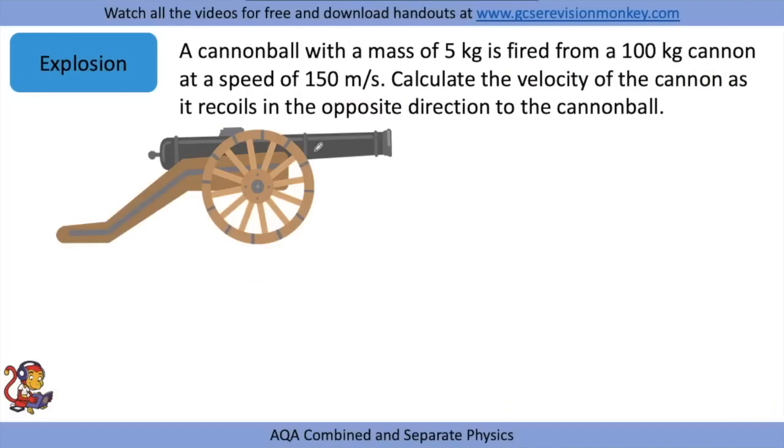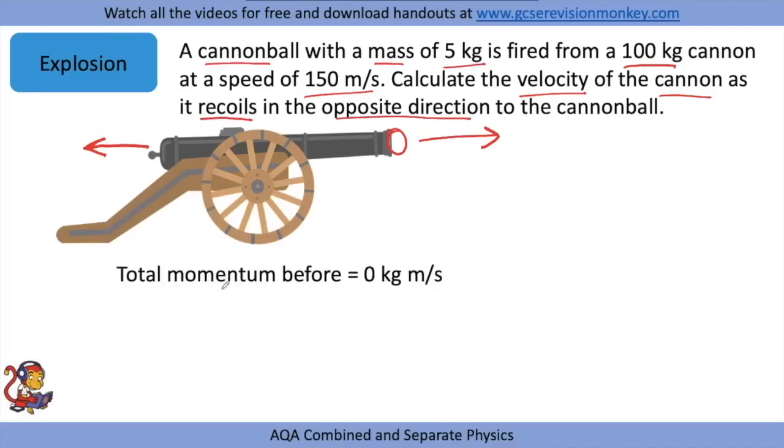Now let's look at an explosion example. This one says a cannonball with a mass of 5 kilograms is fired from a 100 kilogram cannon at a speed of 150 meters per second. And the question says calculate the velocity of the cannon as it recoils in the opposite direction. So when the cannonball is fired out, that will go in this direction, and the cannon itself will recoil in the reverse direction.